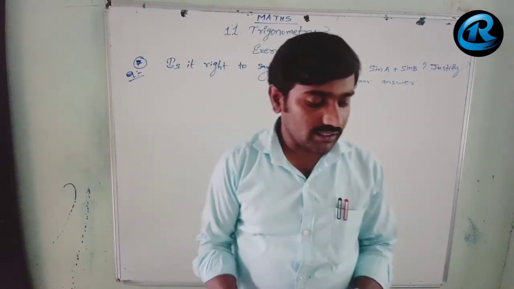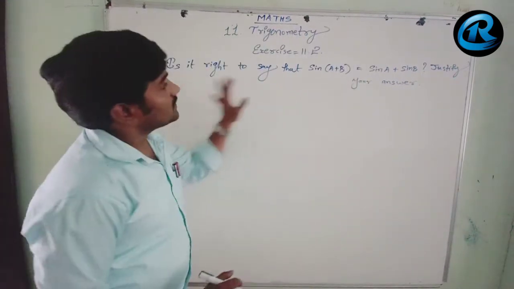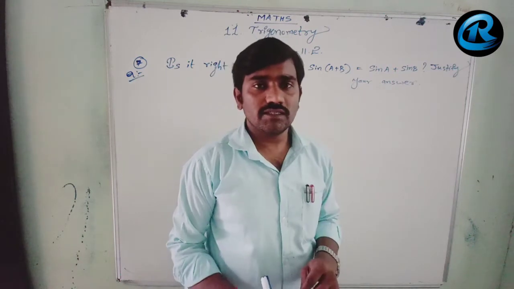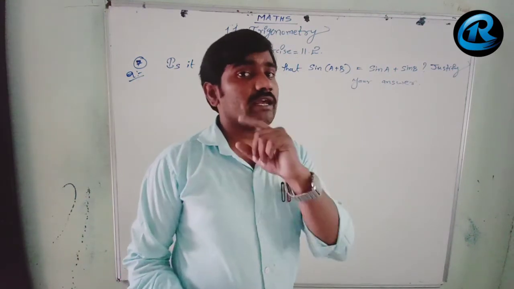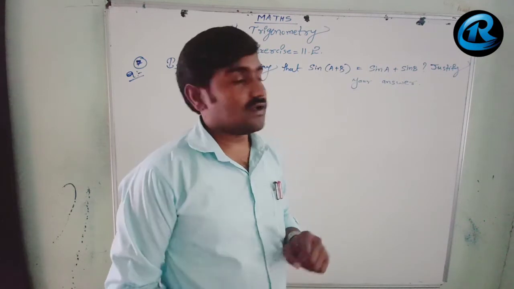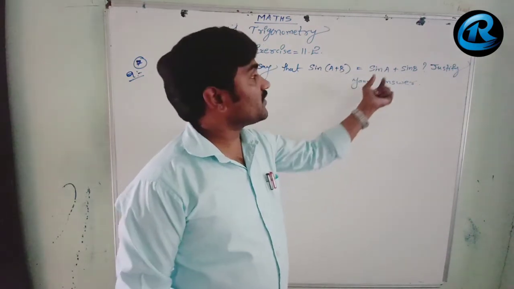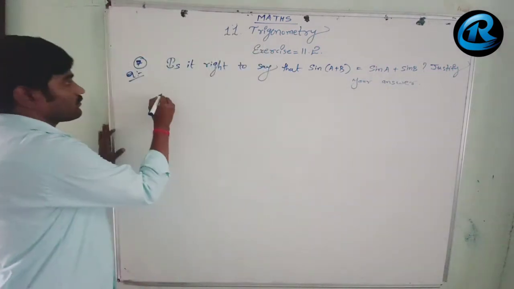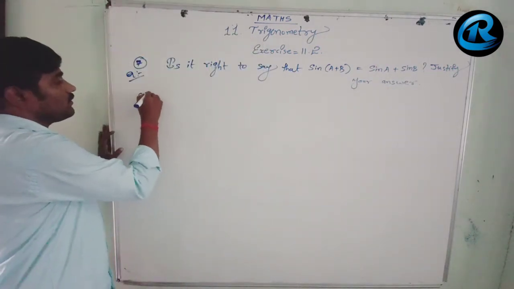See, what is the question? Is it right to say that sin A plus B equal to sin A plus sin B? Justify your answer. What is the formula of sin A plus B? Sin A cos B plus cos A sin B is the formula. But here, sin A plus B equal to sin A plus sin B only. Is it right to say? No. You can write the solution.